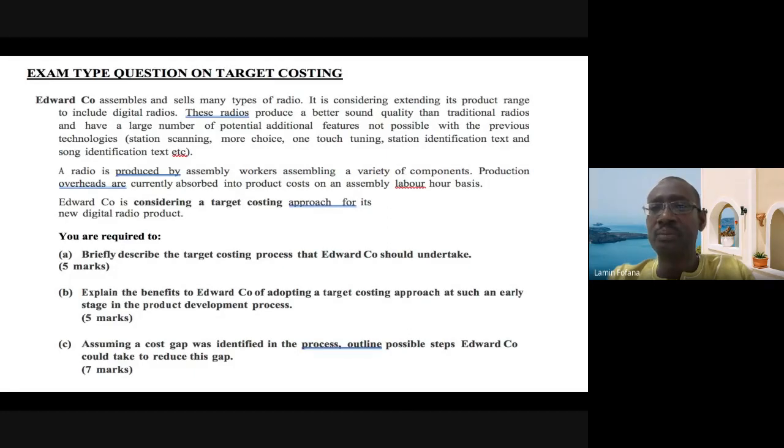We know what a cost gap is, isn't it? Yeah? Abdullah Danzo, are you with us? What is a cost gap? Danzo? Abdullah, are you with us? Sharif, are you with us?